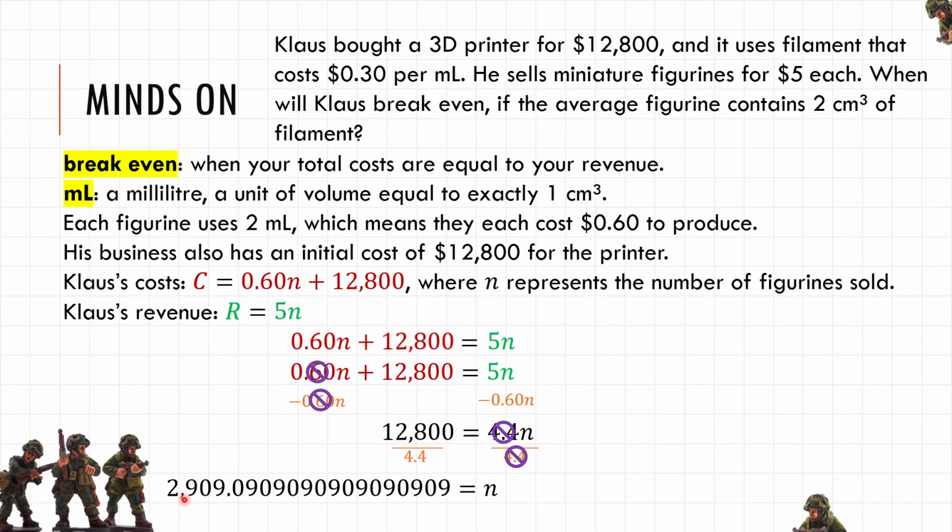And unfortunately, 2,909 is not enough. That is, he needs to sell more than that to actually break even. So we would say that he probably needs to sell 2,910 figurines. At this point, if he sells 2,909, he's still running a loss. Now he's running a bit of a profit.